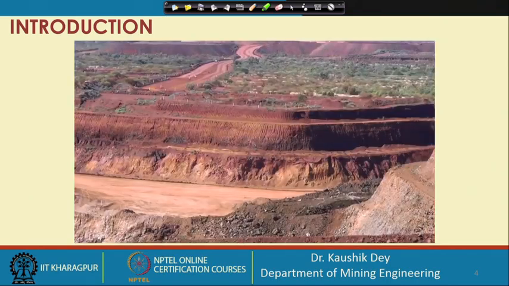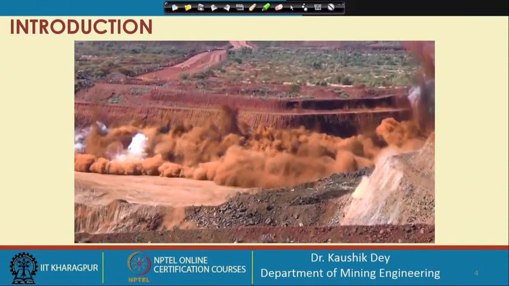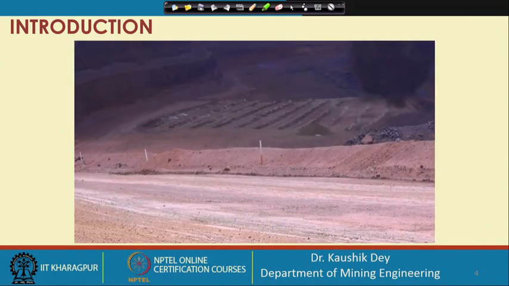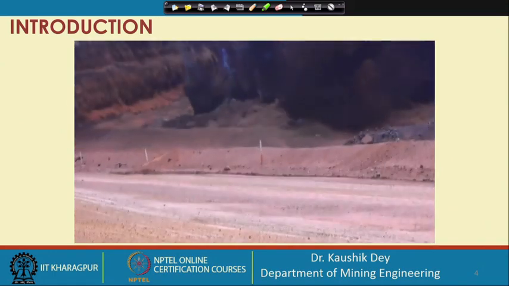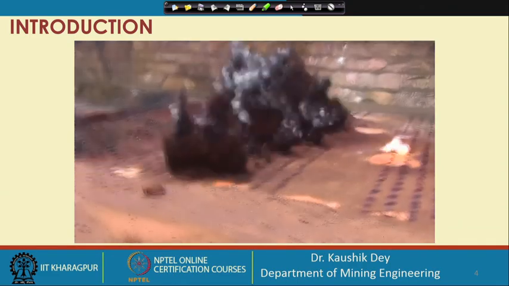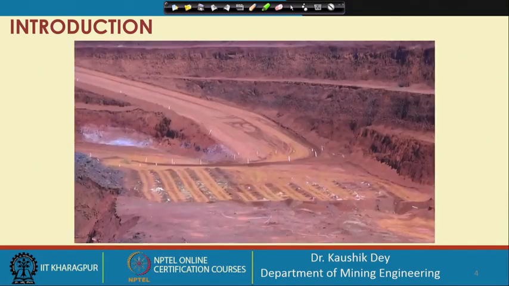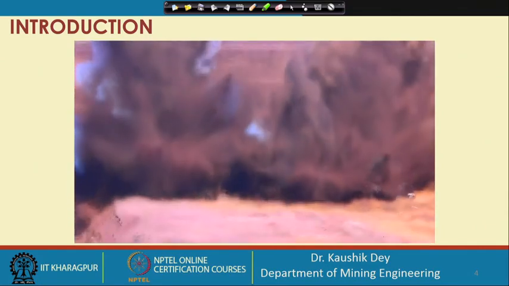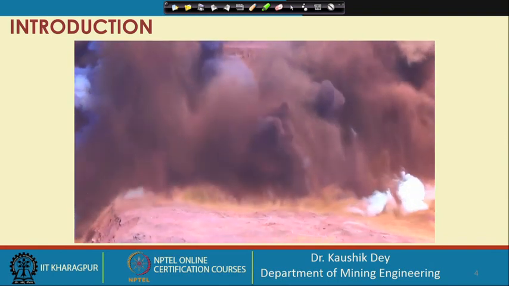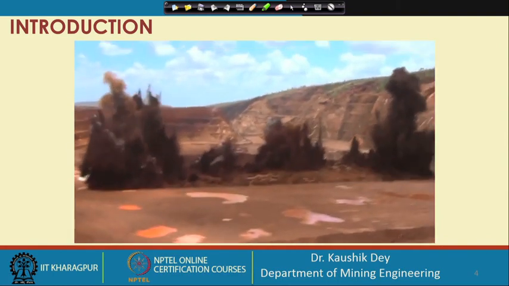In the last class we understood that a detonator is required to explode the explosive, so that you can be at a certain distance and be safe. Now, if you are using a detonator, then for each hole you need one detonator, and you need to provide a flame at the mouth of the detonator.